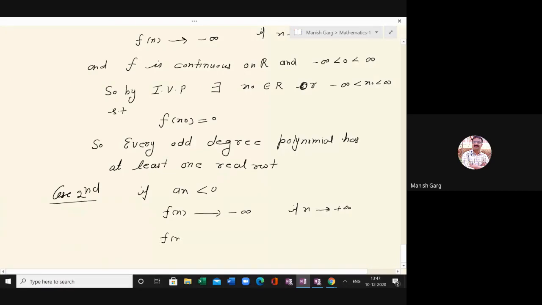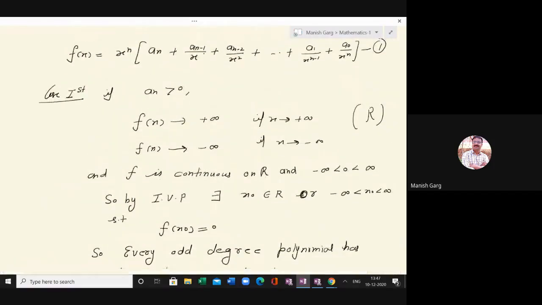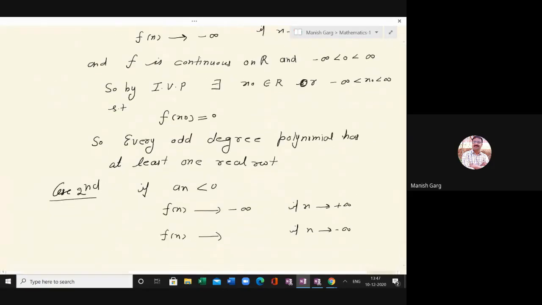If x approaches minus infinity, the power n is odd, so minus infinity, a_n is negative, so this will be positive. All others will be 0, so this will approach infinity.